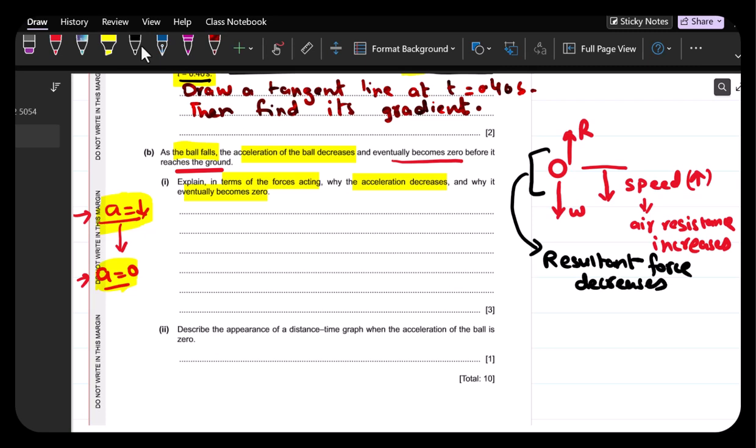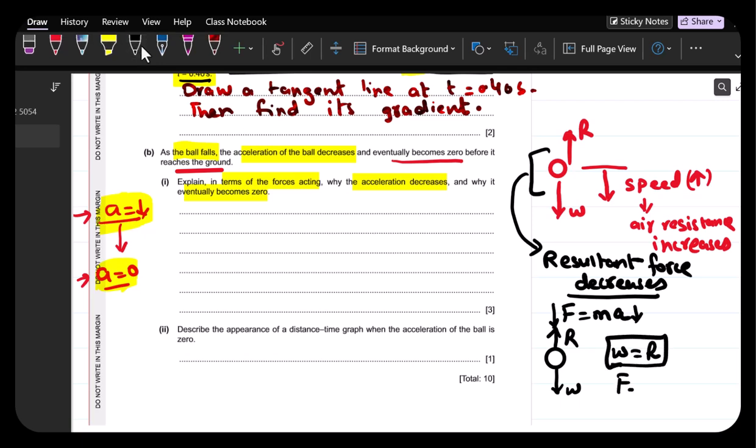If resultant force decreases, you know F is equal to ma, and mass of the ball is constant, so acceleration will decrease. And a time will come when ball weight and air resistance become equal. Then resultant force will be zero and acceleration will be zero.